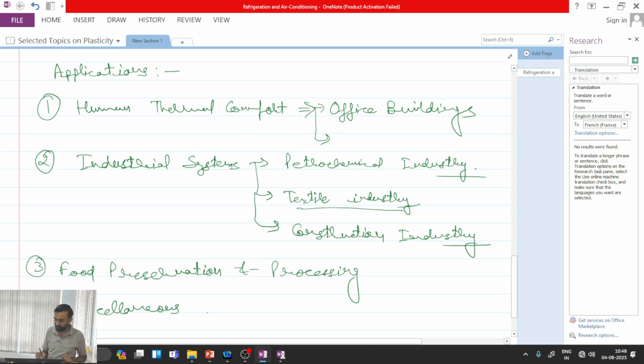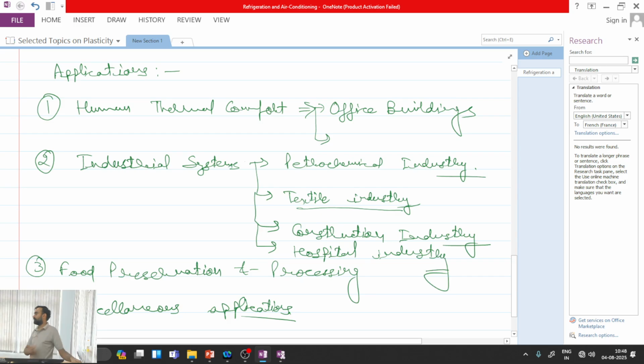Now, can you tell me any single example of miscellaneous applications? Hospitals, yes. So you can bring in the hospital industry, a very important example. Space vehicles, okay. In miscellaneous applications, of course, you can fit in all the things which are not included in the broader sense.